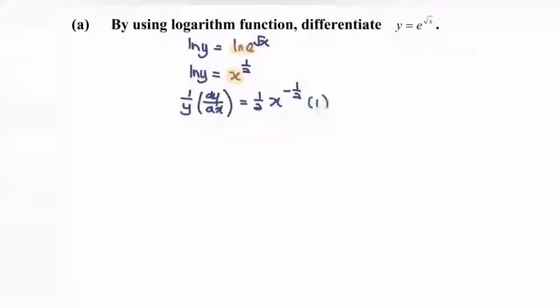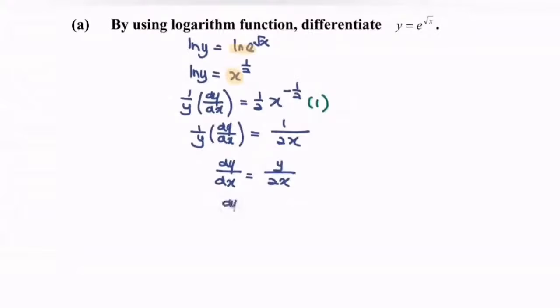Rewrite the situation: 1 over y multiplied with dy/dx equals 1 over 2x. So dy/dx equals y over 2x. As we all know, y is equal to e to the power of square root x. So finally, dy/dx equals e to the power of square root of x over 2x.